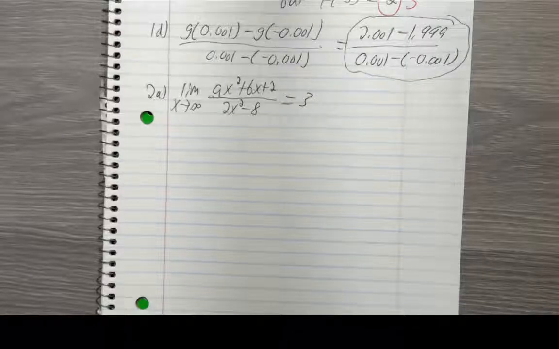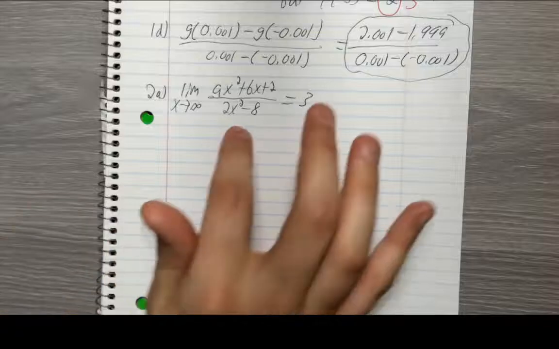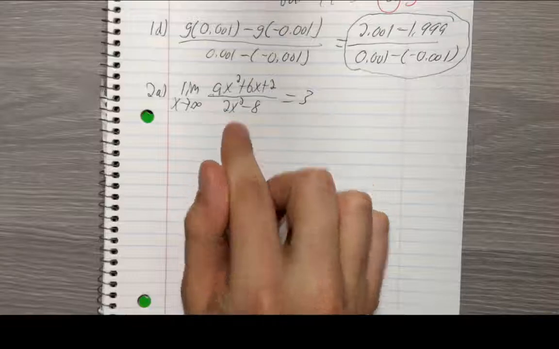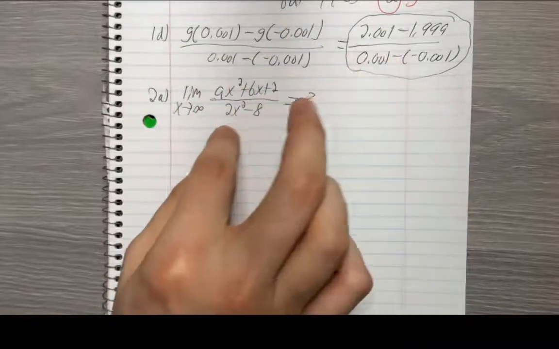Now, you don't have to necessarily show this step because we do have a shortcut, if you guys remember. So I'm going to use the shortcut, but I'm going to tell you just as a reminder how we got there. When you first started learning about horizontal asymptotes, we would divide everything by the biggest exponent in the denominator. So we would have divided this entire fraction by x squared.